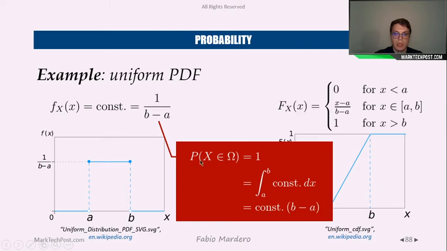So the probability on omega is equal to 1, which means that we have to compute the integral of a constant over dx, which results in the constant times b minus a. So 1 is equal to the constant times b minus a. So the constant is equal to 1 over b minus a. That's it.